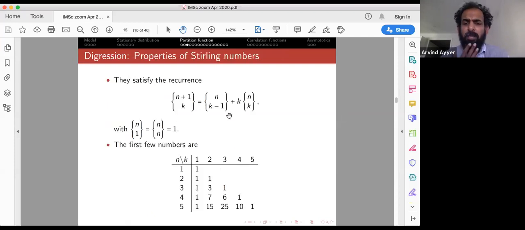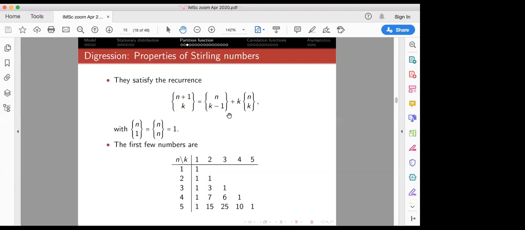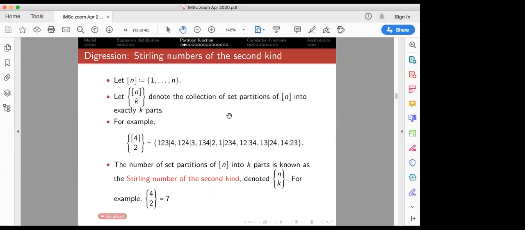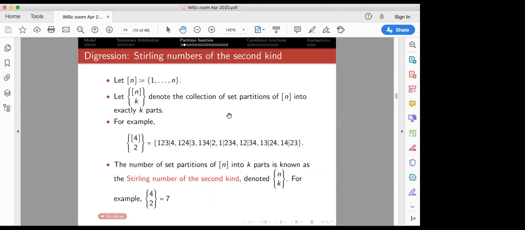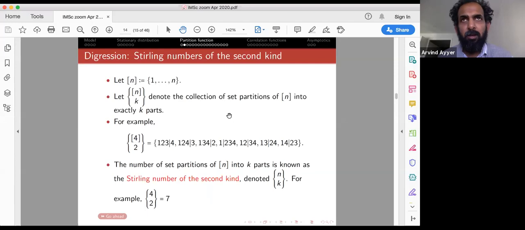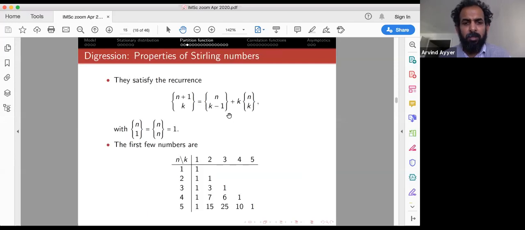This is classical; it goes back maybe a few centuries. So empty is not allowed? Empty is not allowed. Otherwise, you could keep adding empties. Yes, non-empty subsets. Okay, thanks.